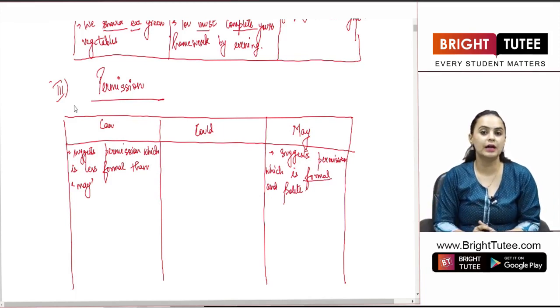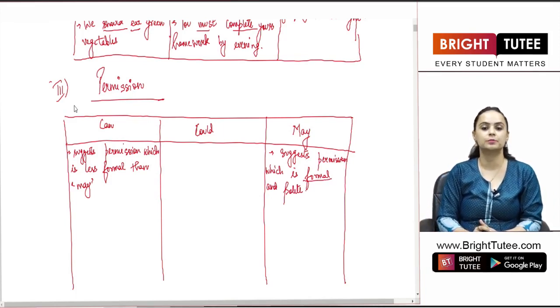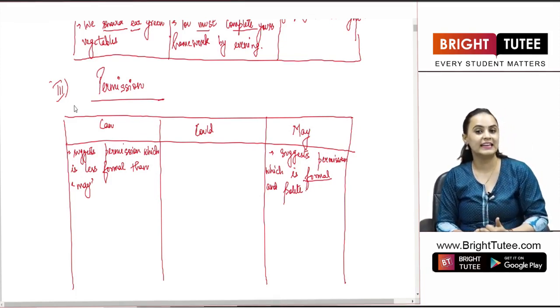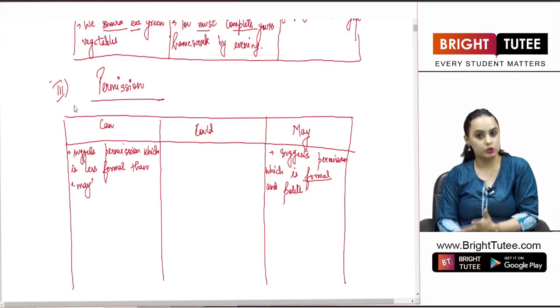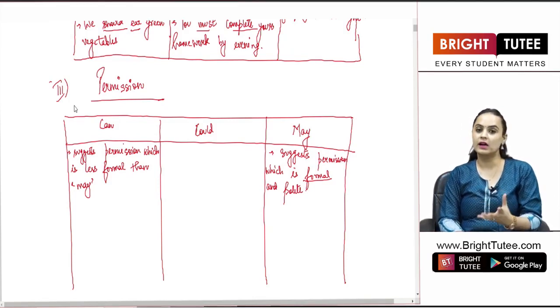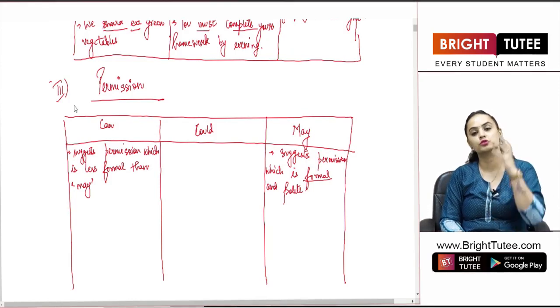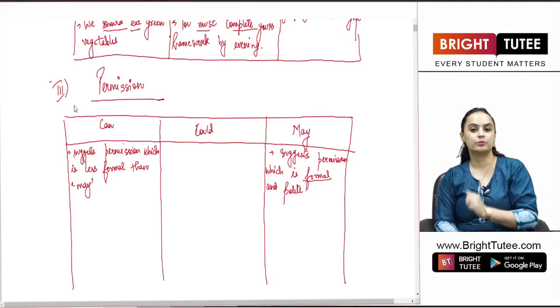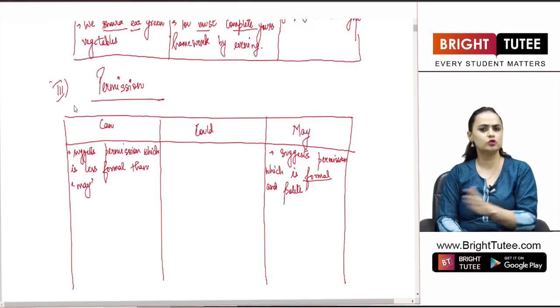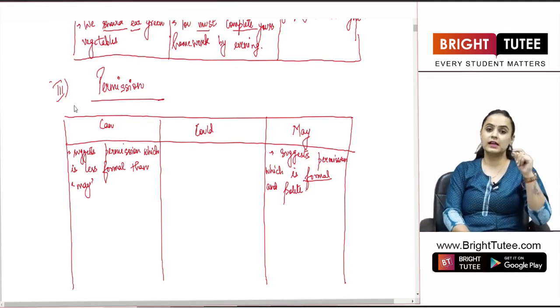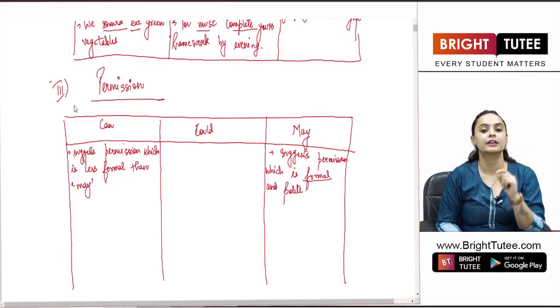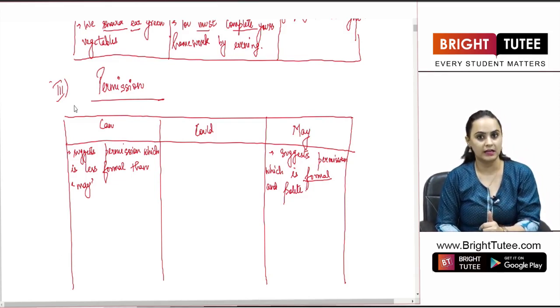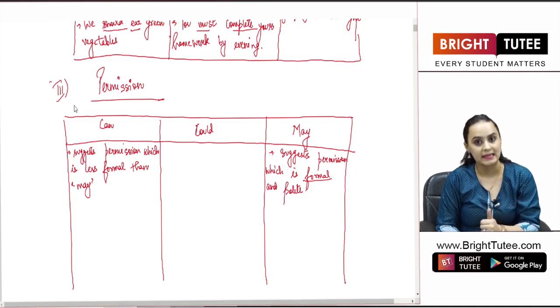By formal, I mean when you are taking a permission from somebody who's elder to you in age as well as in position. If you are seeking permission from your teachers, from principals, the employees taking permission from their bosses, and so on and so forth. So for such permissions which are very formal and very polite, we use the modal may.